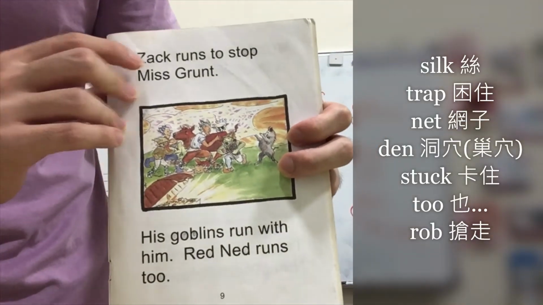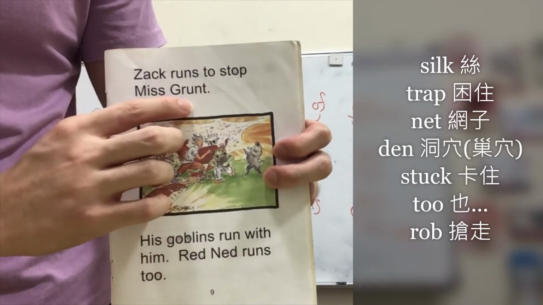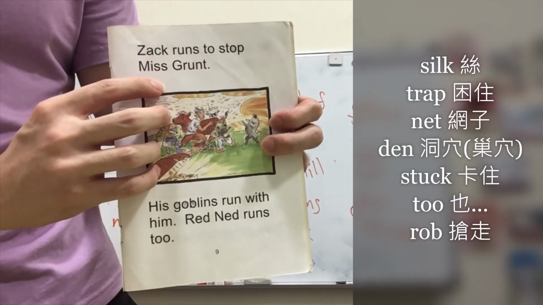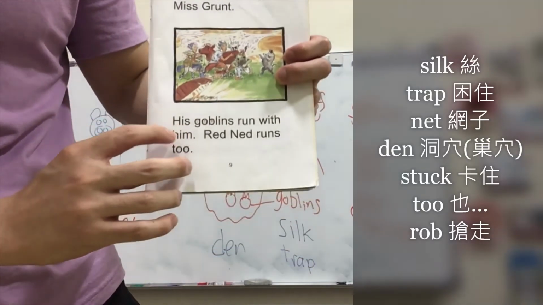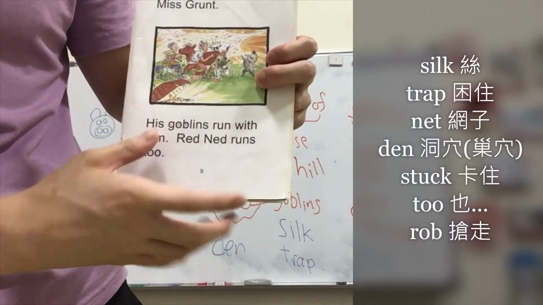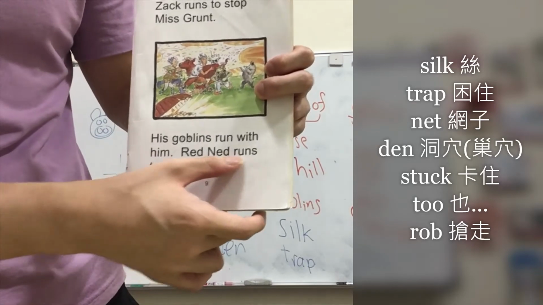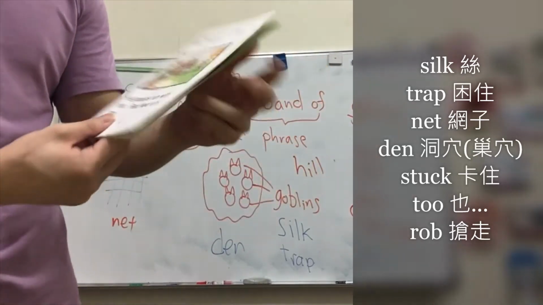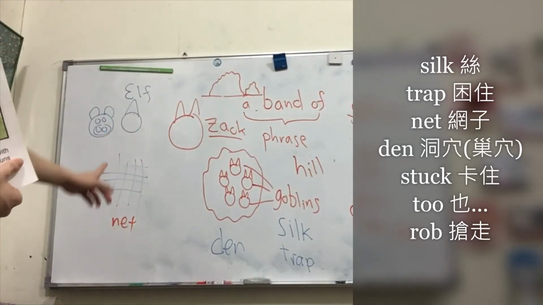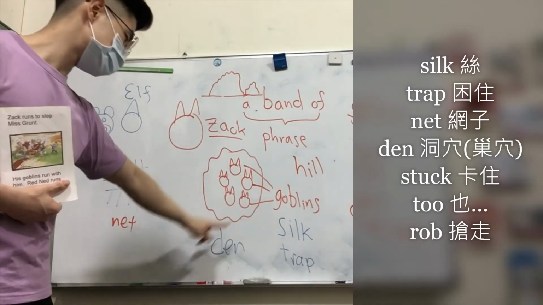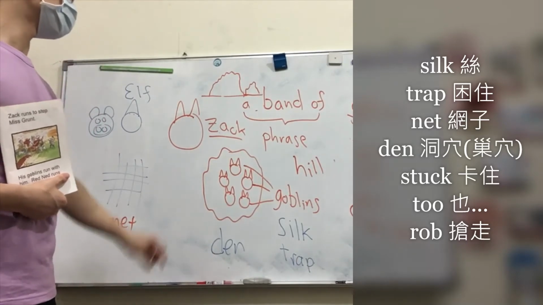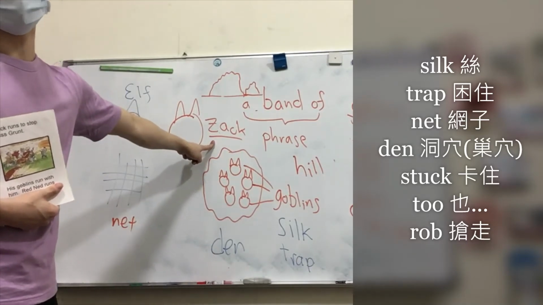So Zack runs to stop Miss Grunt. His goblins run with him. Red Ned runs too. Now that you know that Miss Grunt runs to Zack's den, of course Zack will retaliate.